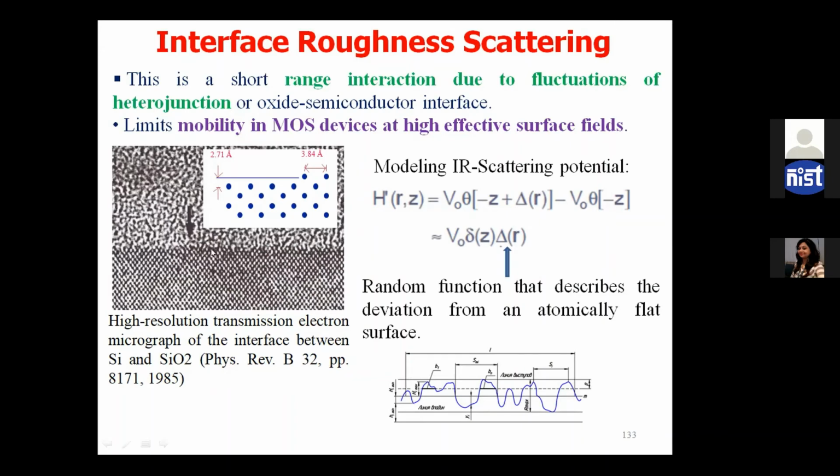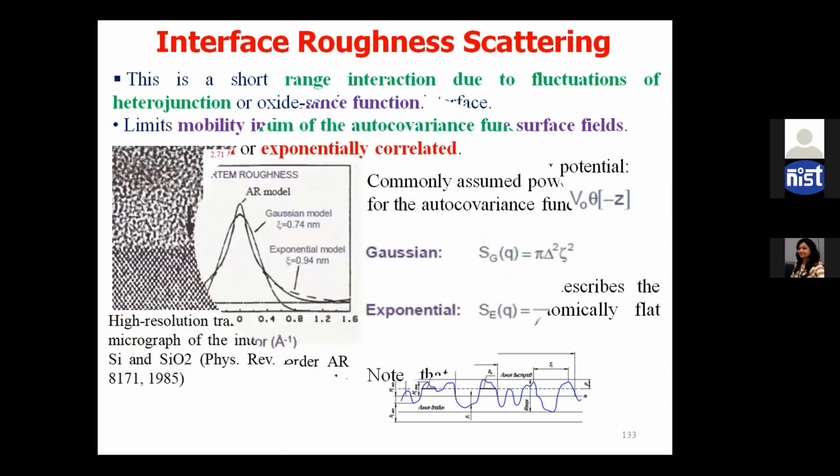As the well is a finite well, some of the electrons can penetrate into the barrier, because there is a chance we can get some electron concentration in the barrier. So when that electron moves into the barrier, when you apply the Bloch function, that Bloch function is not symmetric here due to this interface. So this plays a crucial role for mobility.